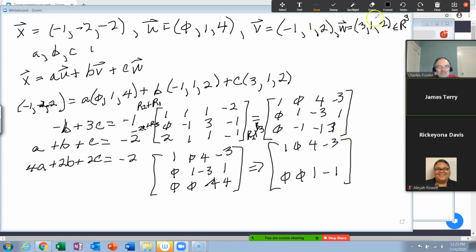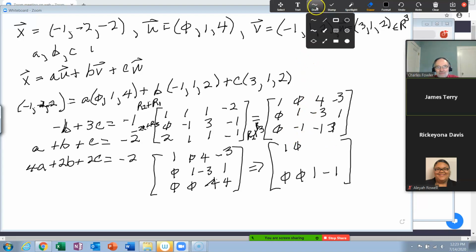Okay, here's what I would suggest before we did that. Let's add row 3 to row 1. Yeah, and that way you get a 1, 0, 0, 1.